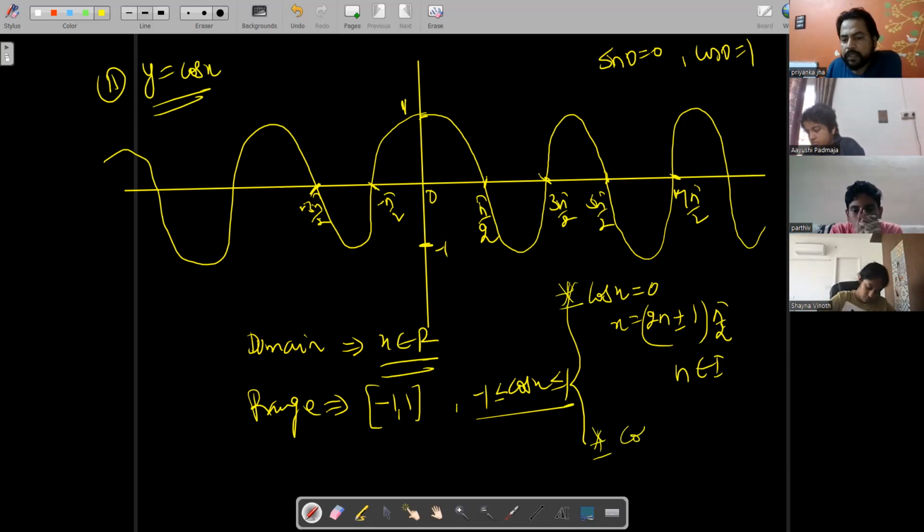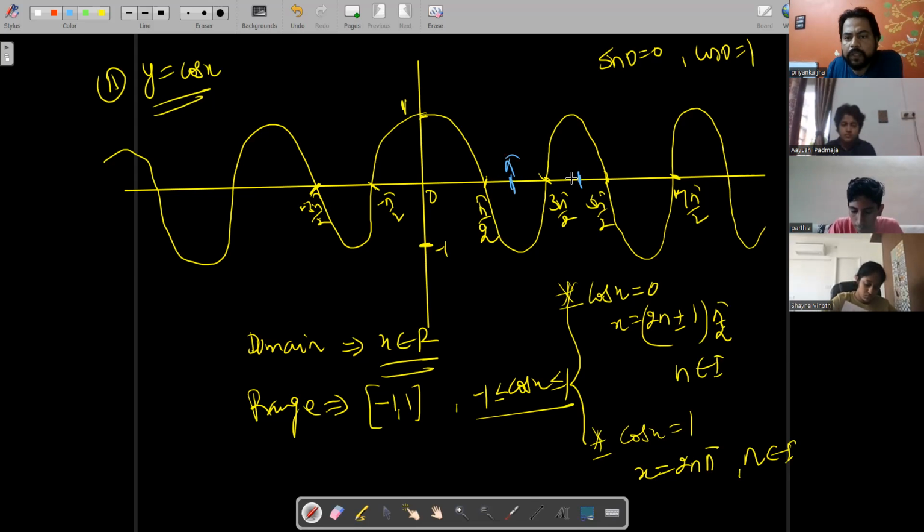Second point that you have to remember is when cos x is 1. For what values of x does cos take value 1? x will be an even multiple of pi. That's why I have written x equal to 2n pi. Take n equal to 0: cos 0 is 1. See, this is 0, this is pi, this is 2 pi, this is 3 pi, this is 4 pi, this is minus pi, this is minus 2 pi.